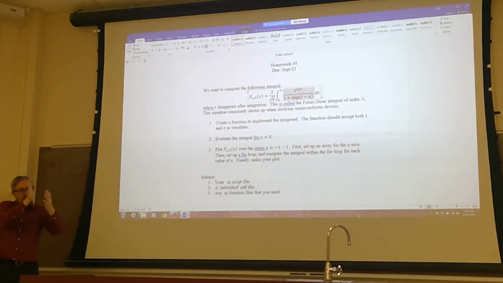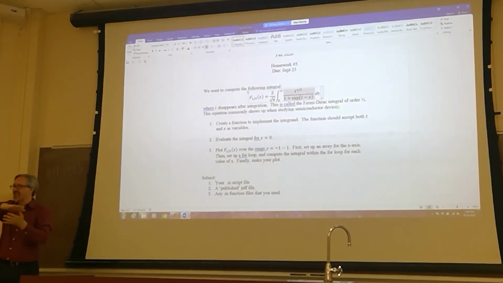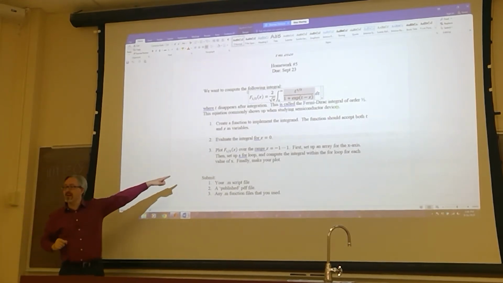But for each point here, we have to solve the integral. So I'll go through and explain how we do that today, right? And how we can go through step by step and evaluate the integral and get all our values of y on the y-axis, as a function of x. And so you make a plot.